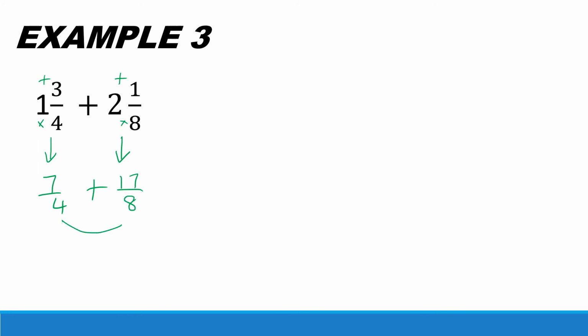We want to find the LCM. We don't have to multiply here. We have to look for a number that 4 and 8 can go into without a remainder. And we know that that would be 8. If we want to check using our method, again, we'll list our first 5 prime numbers.